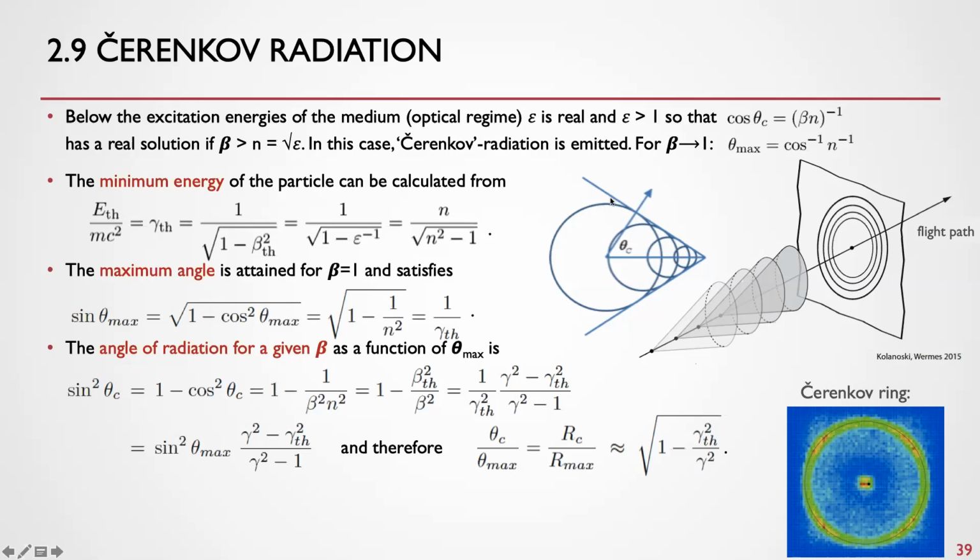We've so far talked about the limiting cases when the beta is just above the Cherenkov threshold and when the beta equals 1, so when it is close to the speed of light.